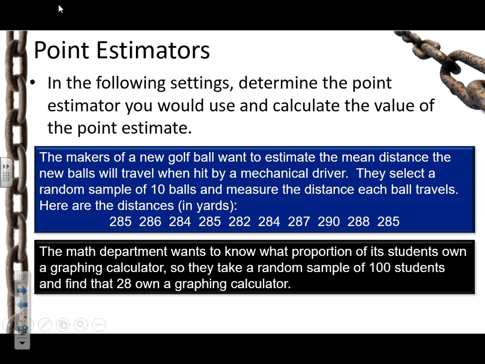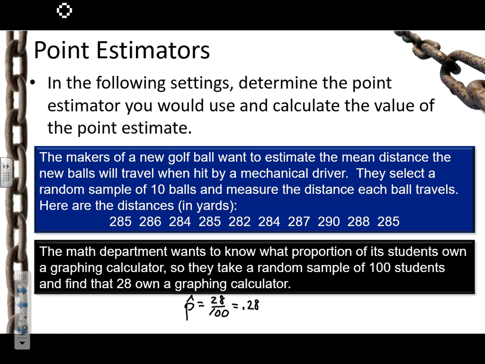28 out of 100. When you write your point estimates for proportions, so when you write your p hats, you can write them in fraction form. So you could write them as 28 over 100, or you can also write them in decimal form. Either way works as far as what we're going to be calculating and working with from there.